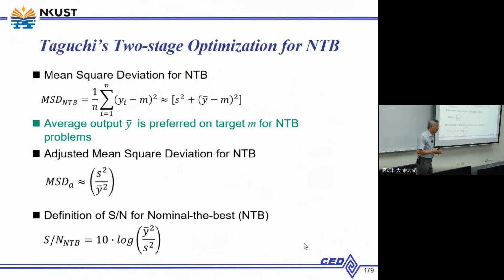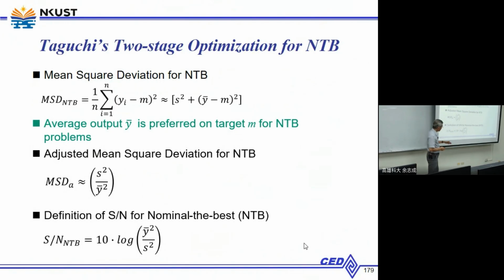So that's the reason we want to find a scaling factor. Scaling factor is one of the special control factors to move the output Y bar to the target value in such a way that we can have our output right at the target.